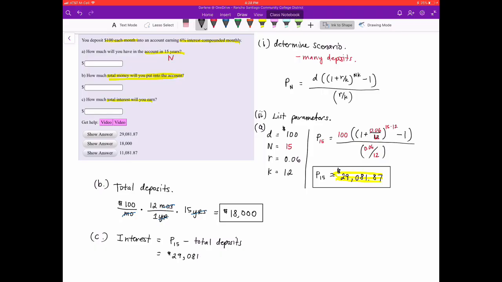So we'll take $29,081.87 and subtract $18,000. Right? And this would give you $11,081.87 in interest. So that's pretty good interest that you made off this account.